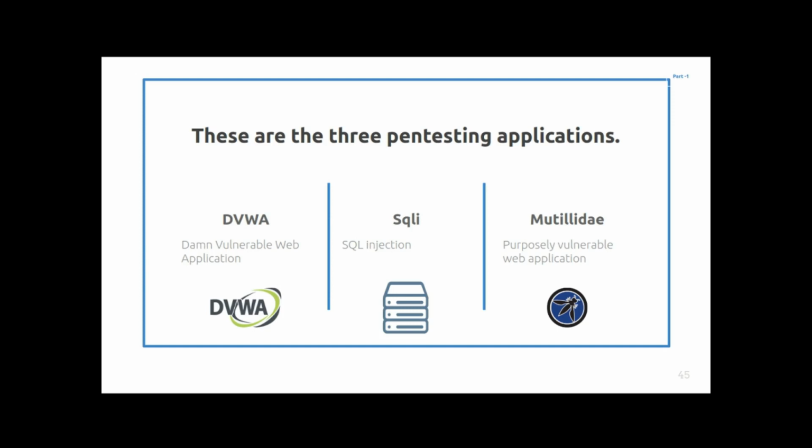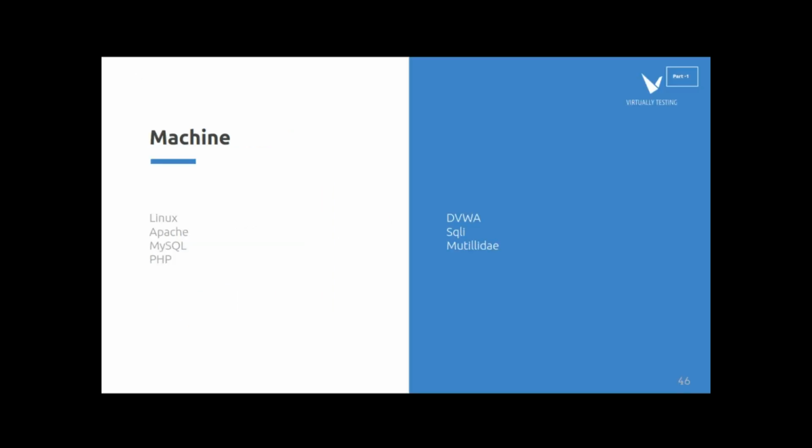And then there's Mutillidae, which is another web-based penetration lab. And they serve as like tutorials. So this is the end goal. This is what is actually hosted, and the interface of what you would interact with on the EC2 instance.